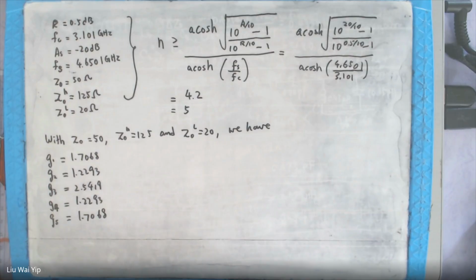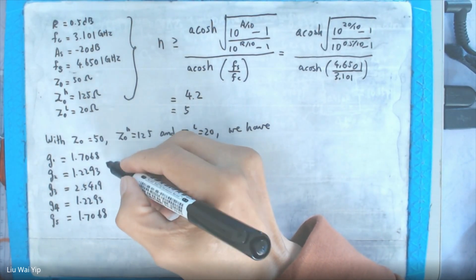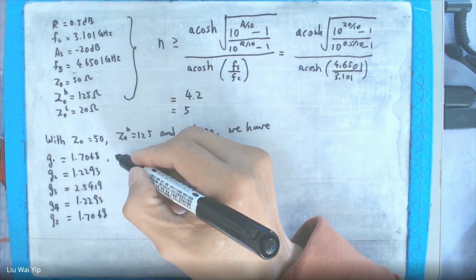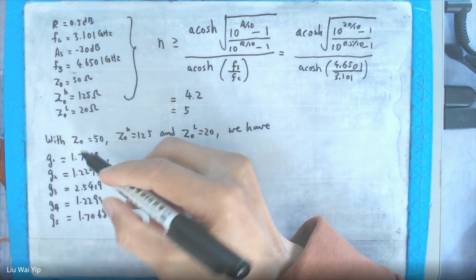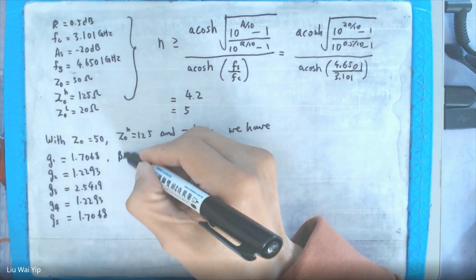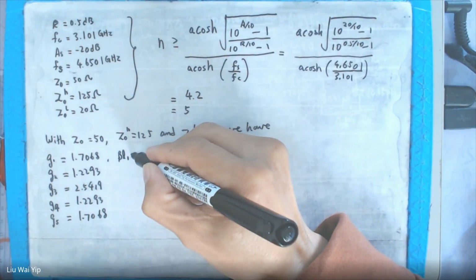Then the next thing that you are going to do is to use the formula. So you're going to calculate the length of the line corresponding to g1. So beta L1 is equal to, you use the formula.